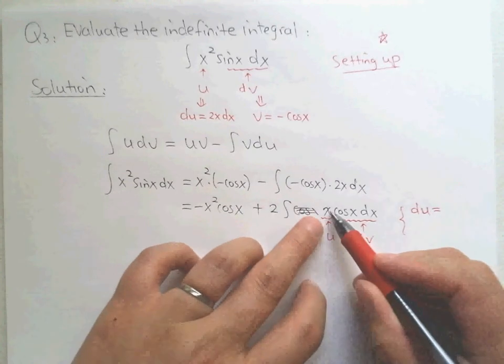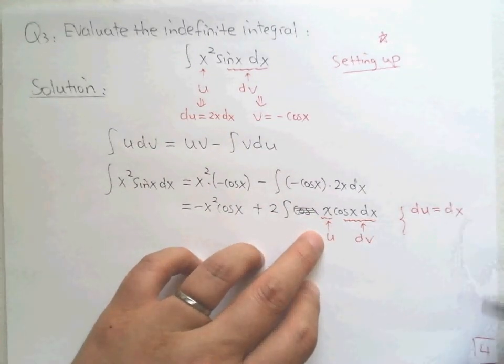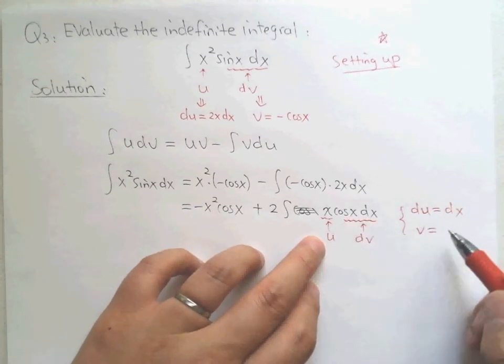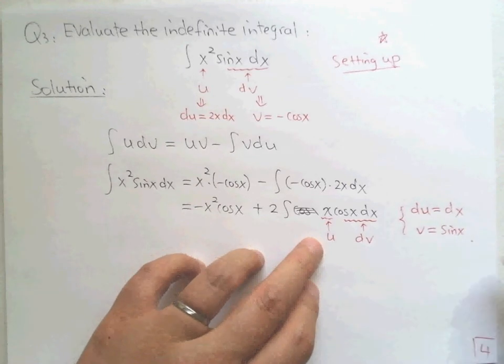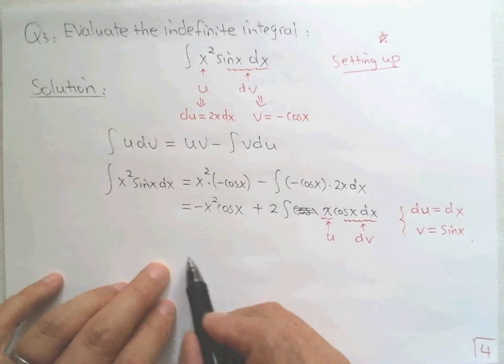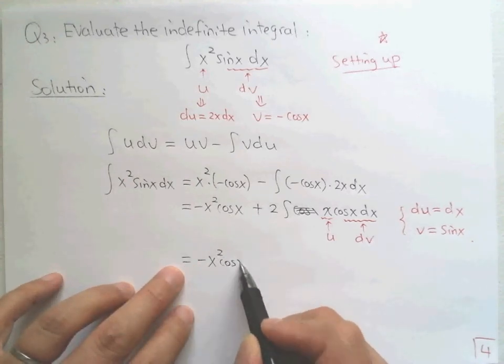What is du? That's what we need, right? du this time is 1 times dx, which is dx. And then what is v? v is the antiderivative of cosine, which is sine x. So we need this setup, and then do one more time.